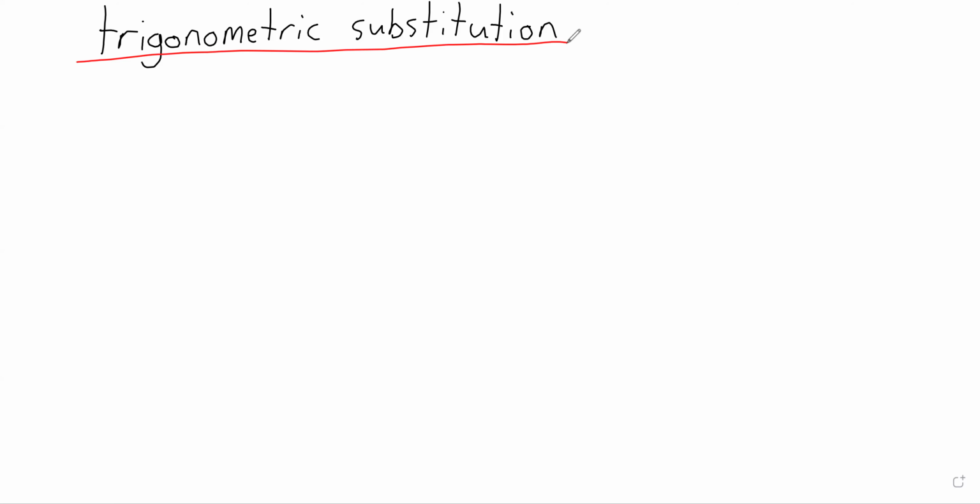So the textbook just presents it, but that makes it look like a magician's trick. Let's try to see where the ideas behind trigonometric substitution come from. And let's start with an example that we could do without trigonometric substitution.